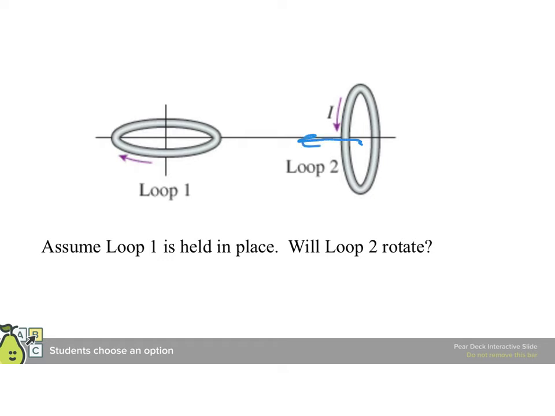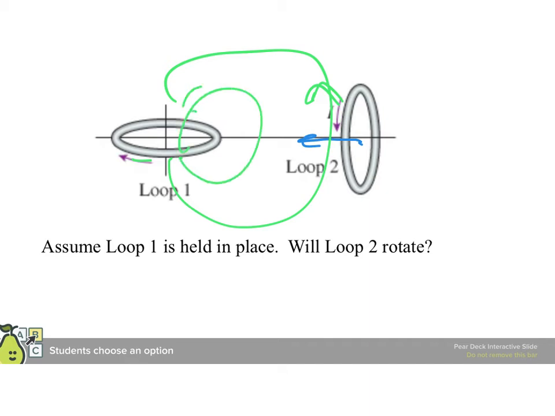We also know that loop 1 is creating a magnetic field that is going around like this, which means that's going out and up like this. So there's a magnetic field which is sort of threading like this. And so we can see that the fields are not aligned, and so it will in fact spin.